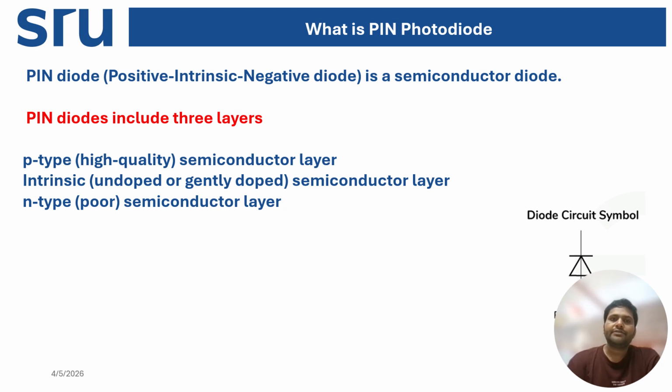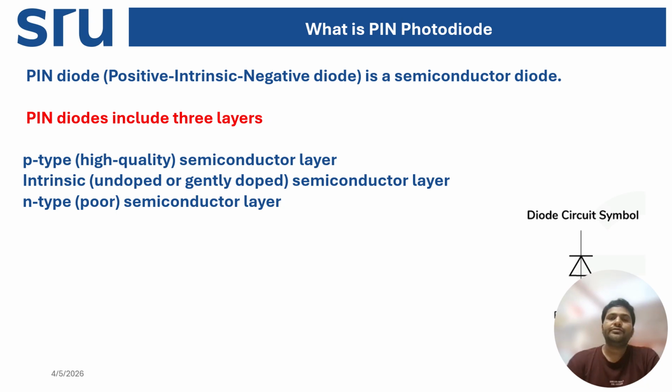So, working principle of the PIN diode: when light falls on the photodiode, photons enter the intrinsic region. They generate electron-hole pairs due to the built-in electric field.